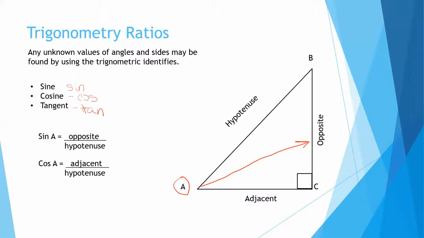Let's do cosine A. So cosine A, we're going to use our same A angle right here, is adjacent. So remember our adjacent side is right here over our hypotenuse. And finally, our last identity we're going to discuss is tan A. So tan A is equal to opposite over adjacent.